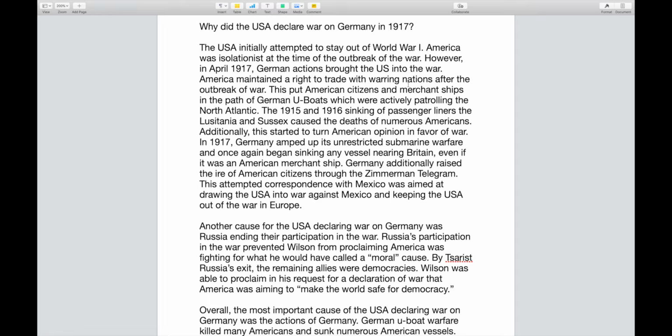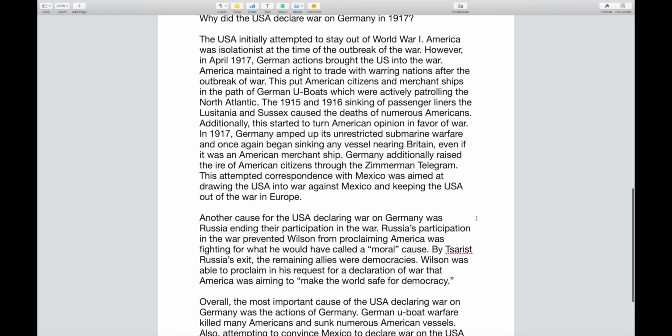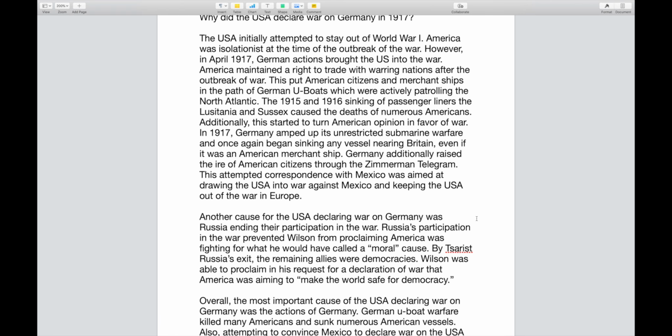I provided specific evidence of things Germany had done that upset the American public. With the sinking of the Lusitania and the Sussex, the sinking of American merchant vessels, and then, of course, the Zimmermann telegram, which really upset Americans by attempting to get Mexico to declare war on the United States so that it could regain all those territories lost in the Mexican-American War.